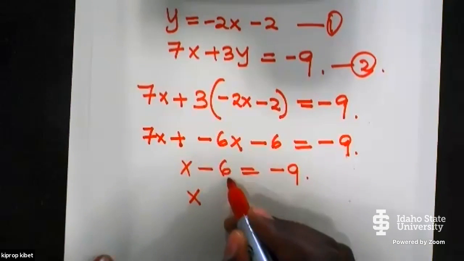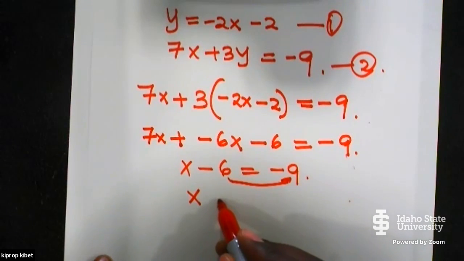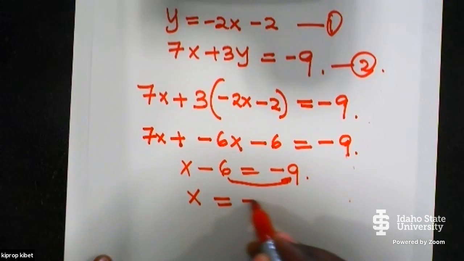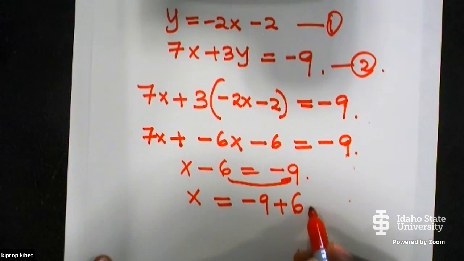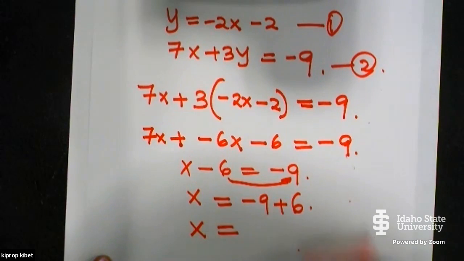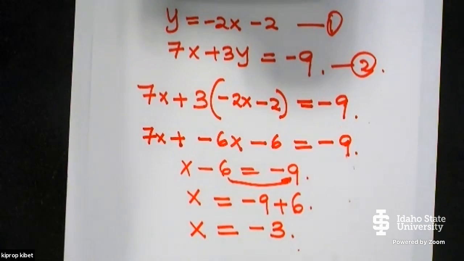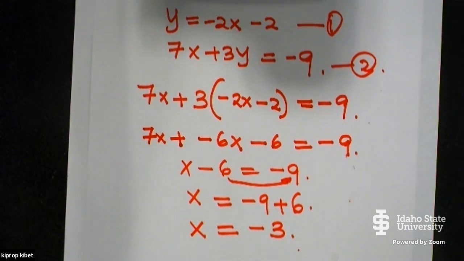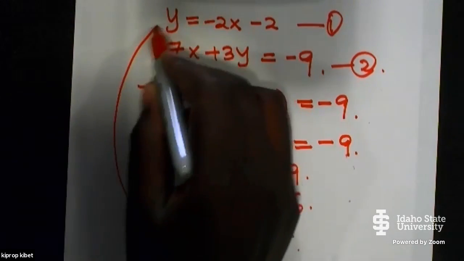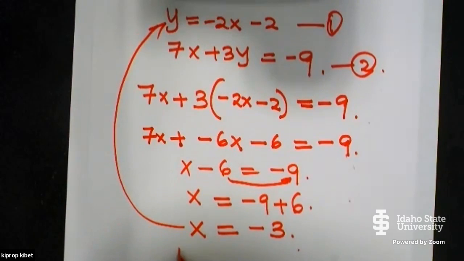So x, we take this one to the other side. So x equals minus 9 plus 6. So x equals minus what? Minus 3. x equals minus 3. Then now, check that one there. So y equals minus 2x minus 2. So x is minus 3.